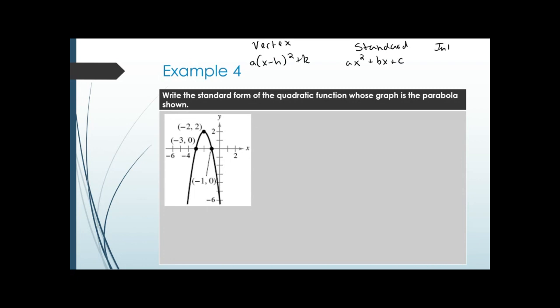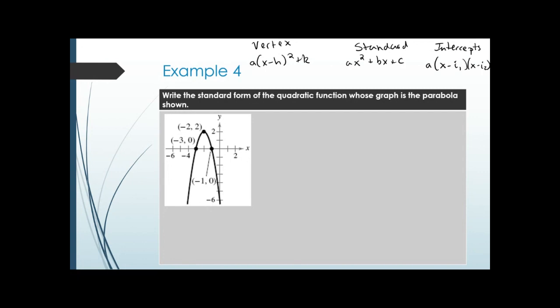And if you want to do it based off of intercepts, then you have a times (x minus intercept 1), I'll just call it I1, (x minus I2). So you have your intercepts, and then you can multiply them out, and then you need to figure out what a is. And that's the hard part on something like this, is that we don't know what a is.